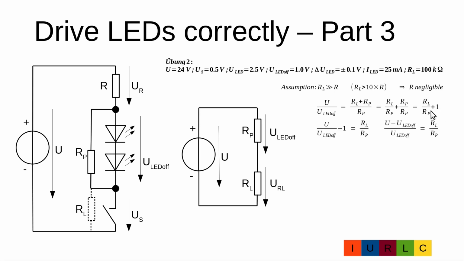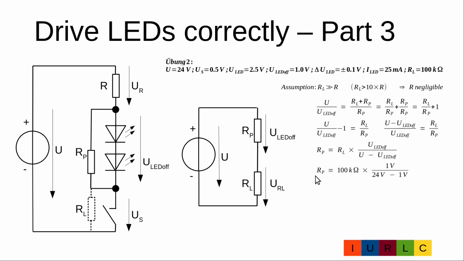Now we bring the plus 1 with minus to the other side and we get U minus ULED off divided by ULED off is RL divided by RP. Now we bring RP with multiplication to this side and this term inverted to the other side and get RP is RL times ULED off divided by U minus ULED off.